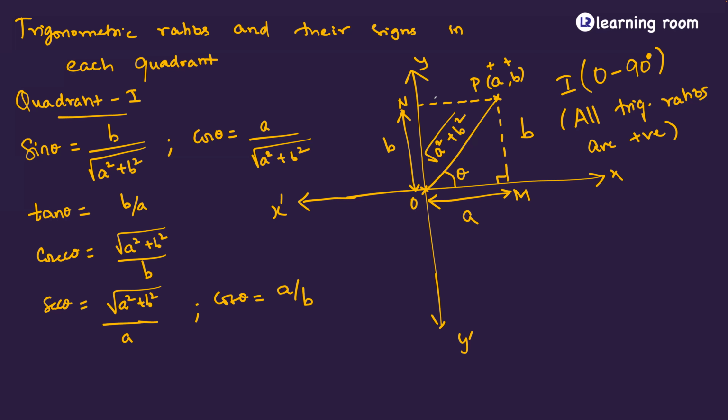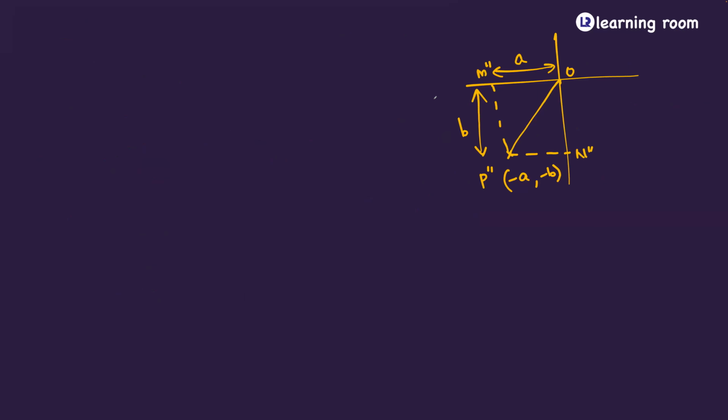Okay. Did you all finish? So I want to stress one important point here. Let's come to the third quadrant later. If I see the first quadrant, this is theta.